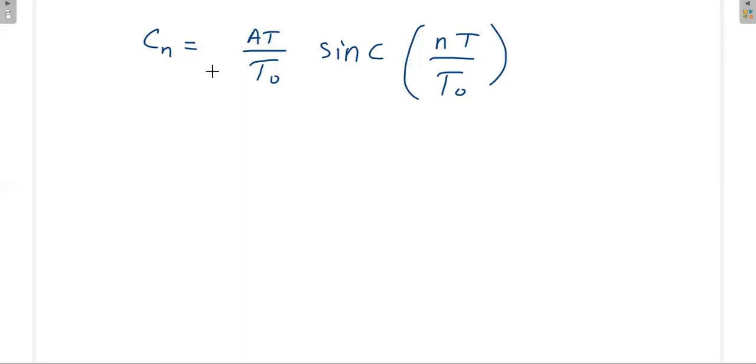If you apply the limit, finally the Cn will be (AT/T₀) sinc(nT/T₀), where T₀ is the time period and T is the pulse width.